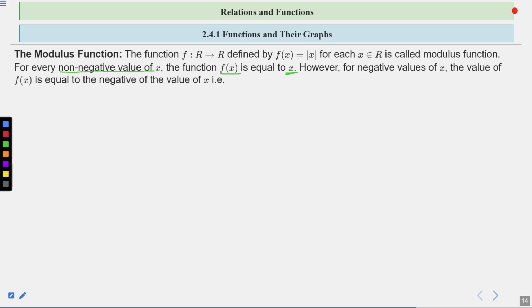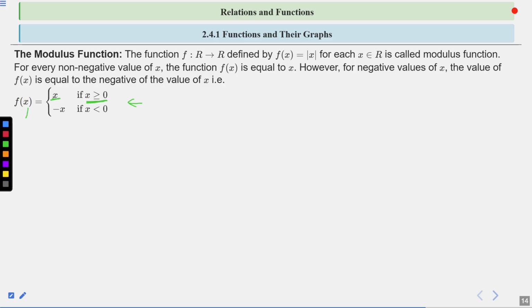If you are giving input as a negative real number, then the output will be the negative of that negative number. Clear? So in mathematical form it will look like this. If input is x and your x is non-negative, meaning it could be 0 or greater than 0, then the output will be the same as the input.